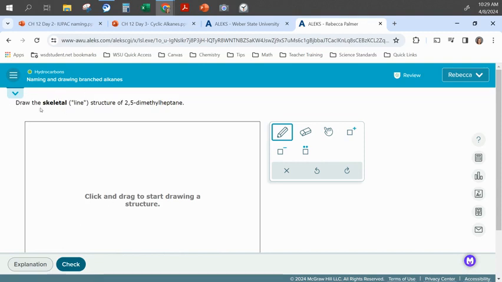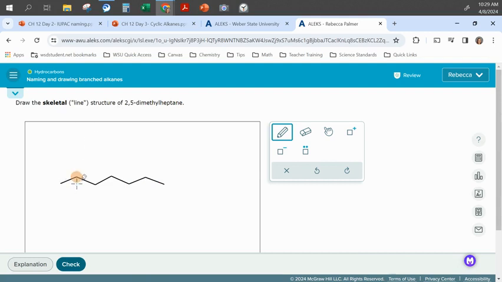So this one's saying skeletal structure, so make sure you draw just the lines. Skeletal structure of 2,5-dimethyl heptane. Great. Heptane is 7. 1, 2, 3, 4, 5, 6, 7.